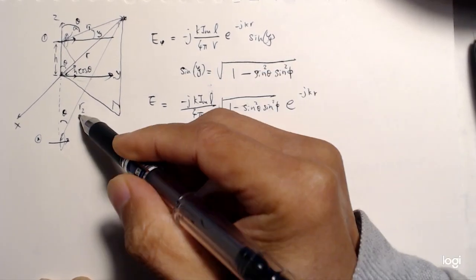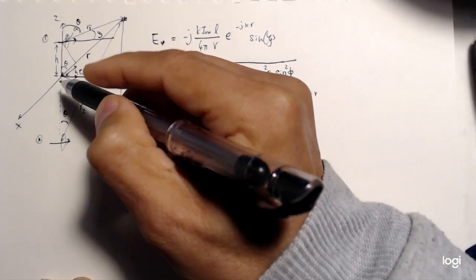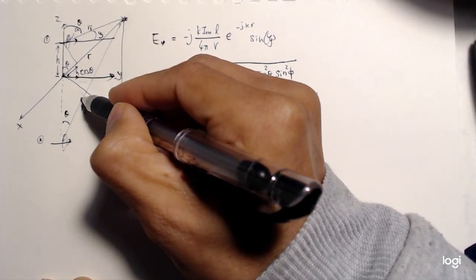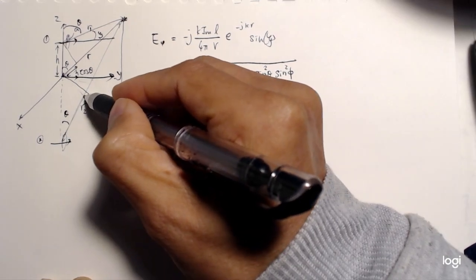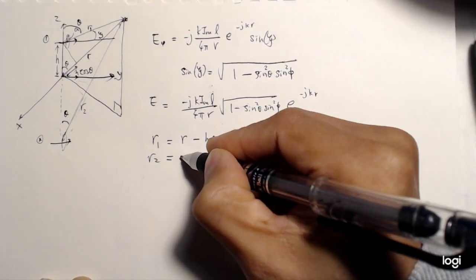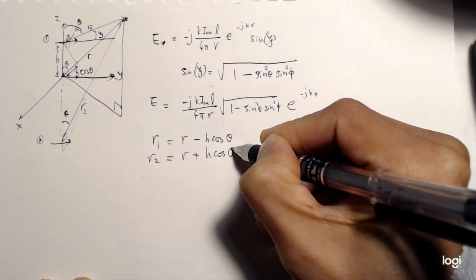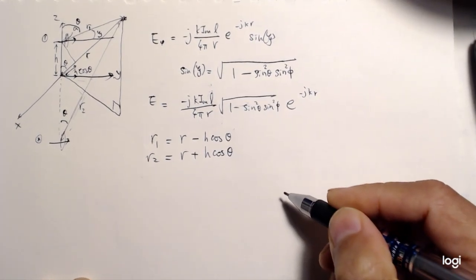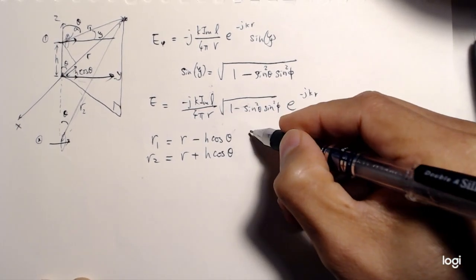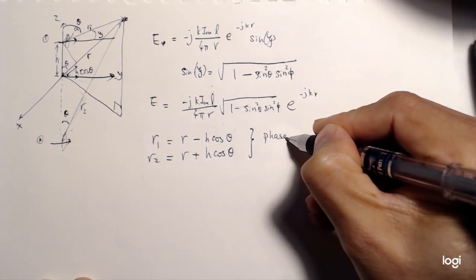And R2 is longer than r by how much? By this amount. If we work it out, R2 is equal to r plus h cosine theta. These two equations are intended for phase approximation.